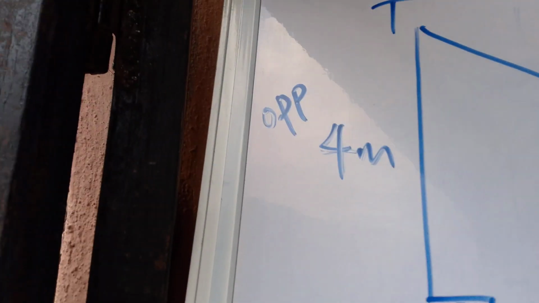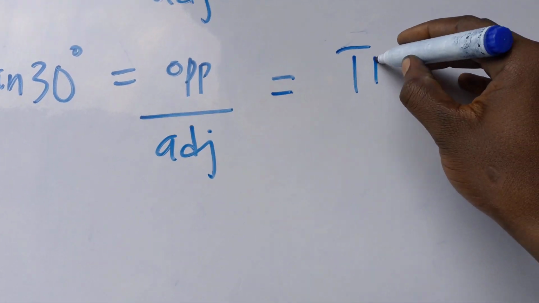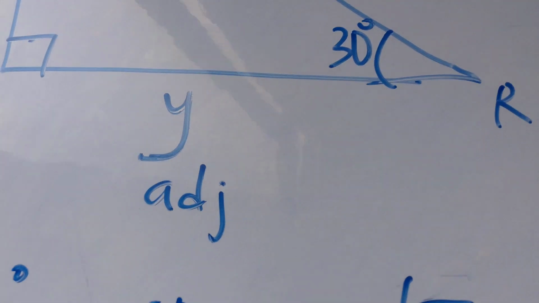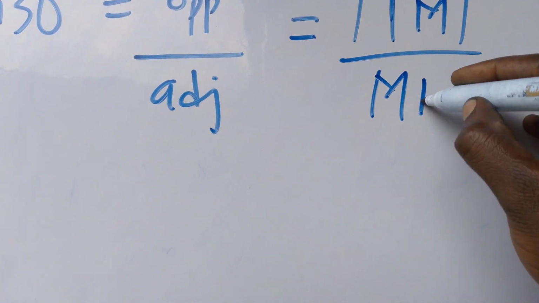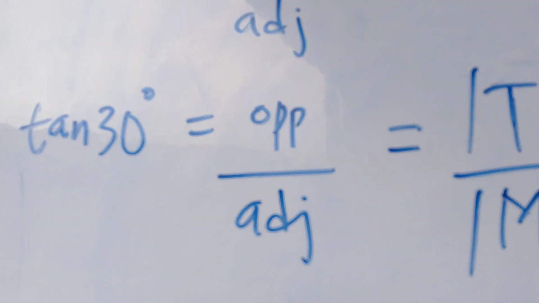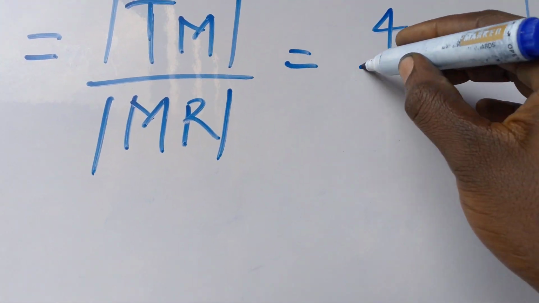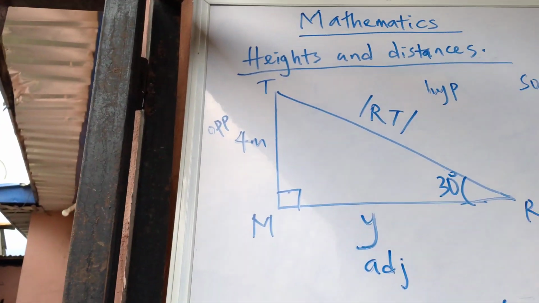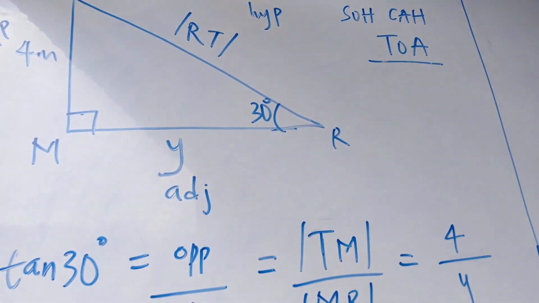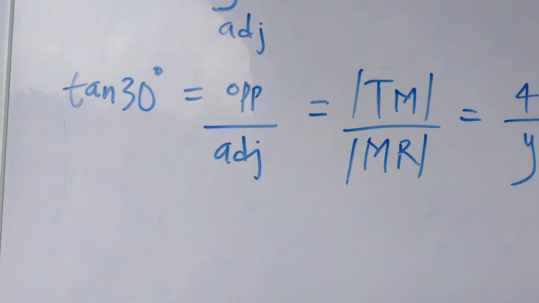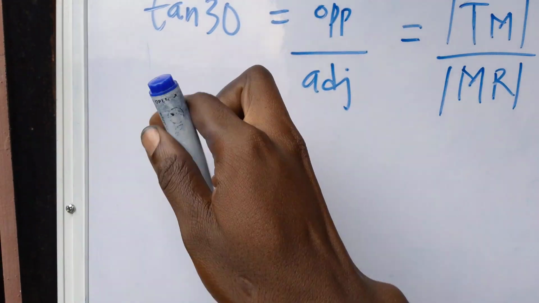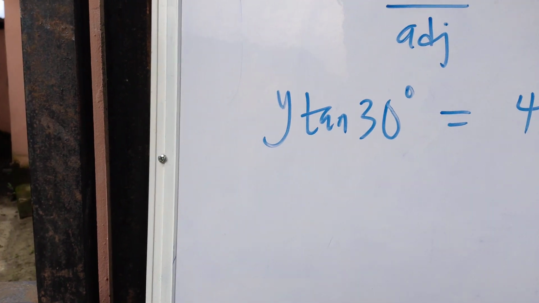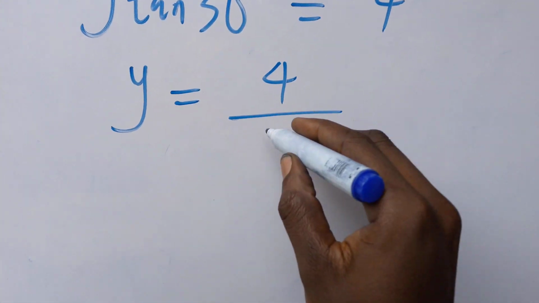The opposite there is TM, over the adjacent side MR, where TM is 4 and MR is y. So we have 4 over y. If I then cross multiply, I have y tan 30 degrees equals 4. Divide by the coefficient of y. y will be equal to 4 divided by tan 30.